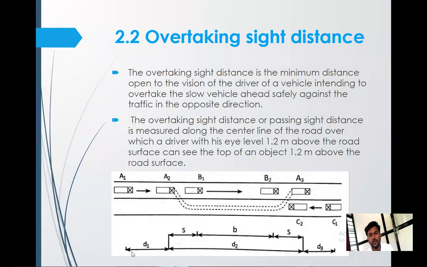In this region, the driver of vehicle A decides to go for overtaking. From the instant when he starts the overtaking of vehicle B up to point A3, where it overtakes vehicle B completely, this distance is taken as D2, which means the total overtaking period.